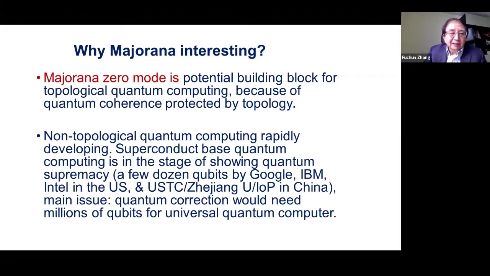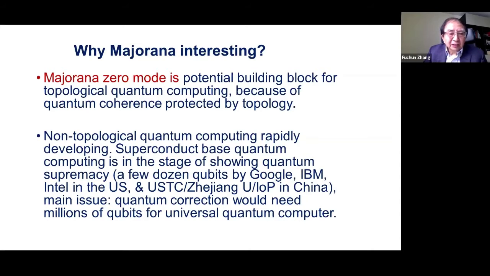Here, I think the reason many people got interested is because this Majorana zero mode is a potential building block for topological quantum computing, because quantum coherence here is protected theoretically by topology.